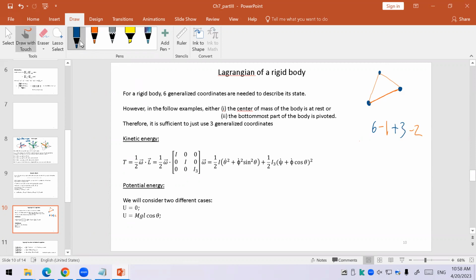So what if you keep doing this? The 4th particle. If you form a rigid body, you should again draw the rods. Do I need to draw 3 rods this time? Actually no. As long as you draw 2 rods, like this one and this one, then that's sufficient to form a rigid body.